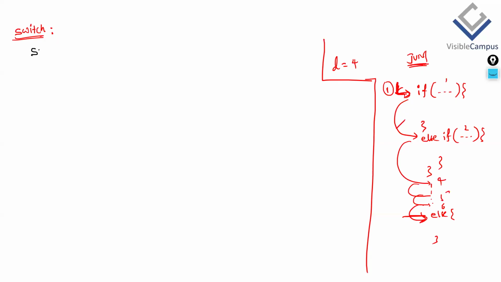Switch is used to replace a series of if else statements, that is, if, else if, else if, and all those things. So this is the place where we have to use the switch condition block.